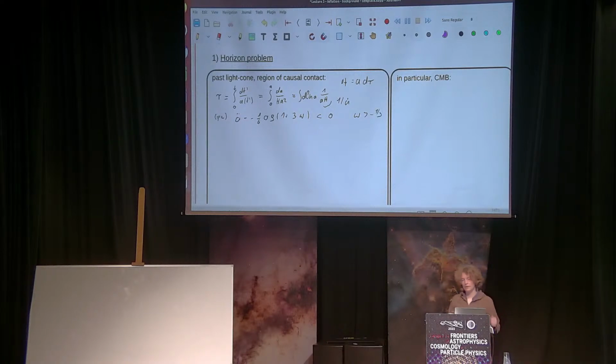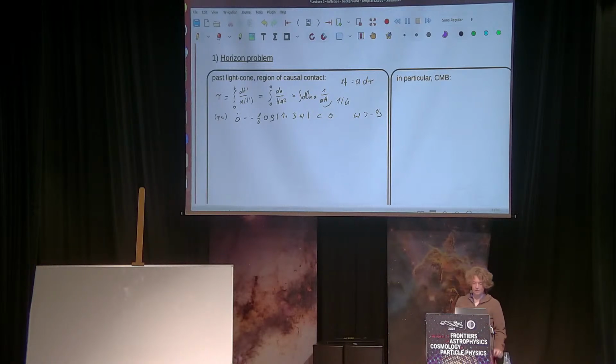Meaning in particular for omega equals 0, which was matter, and omega equals plus 1/3, which is radiation. Okay, so this means decelerating universe, a double dot negative, right, which makes sense. You have some initial explosion, some big bang, and then you just have matter and radiation, which means you can expand, but with a decelerated speed.